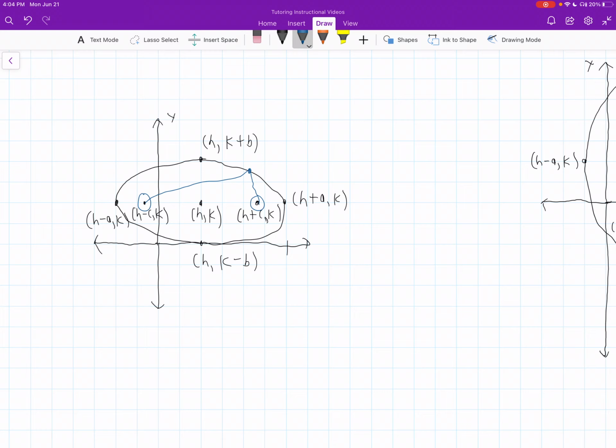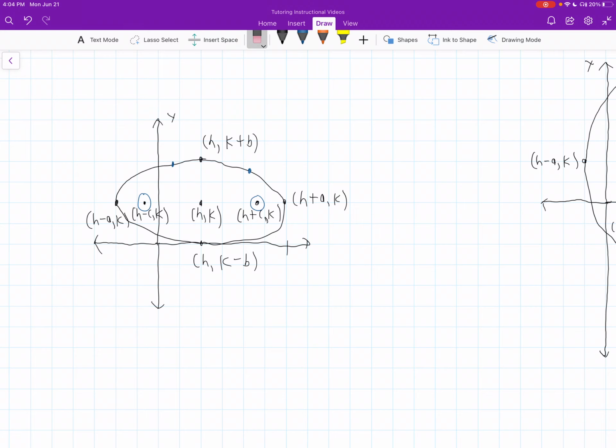Given any point on the ellipse, if I take the distance from that point to (h plus c, k), add on the distance from the ellipse point to the point (h minus c, k), and add up those two distances, it'll always be the same number, no matter what point I pick on the ellipse. If I do it here and do the same thing, and so on.